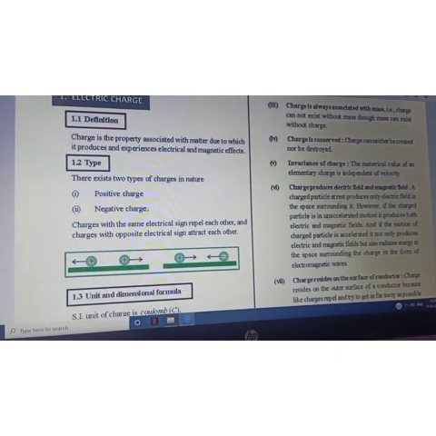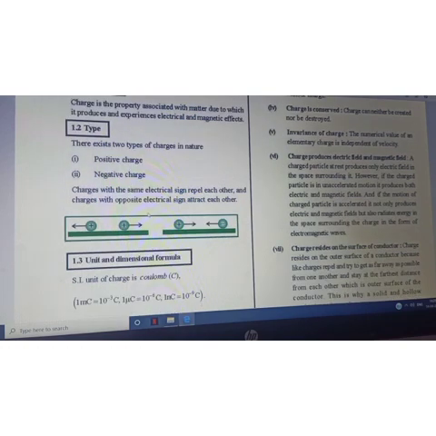It is only a convention that positive charge can create a field, and negative charge also creates a field. If we place a test charge within the field of a positive charge, then it is repelled, and the negative one attracts that particular positive test charge. So there exist two types of charges in nature, positive and negative.